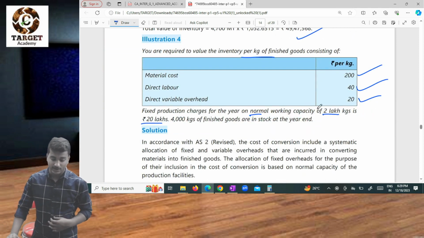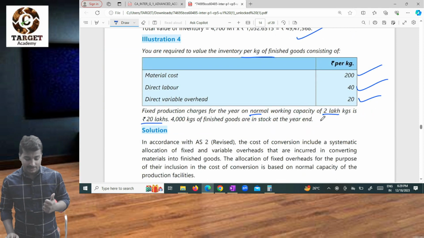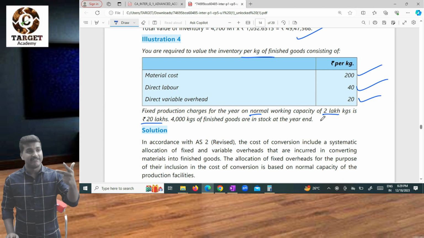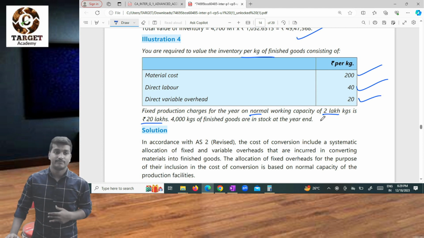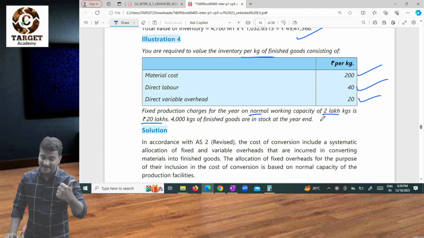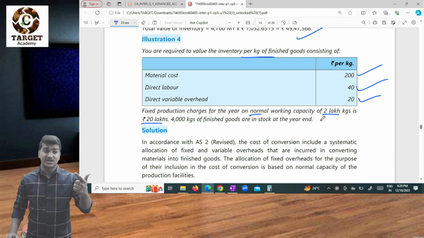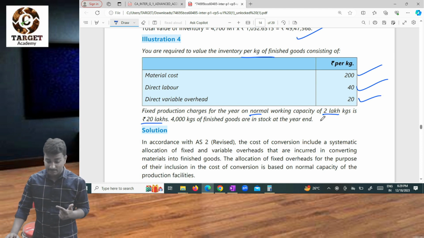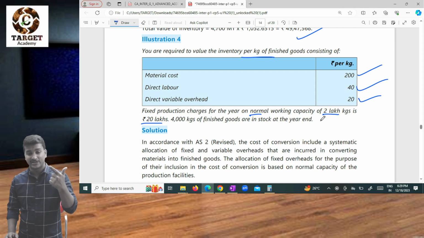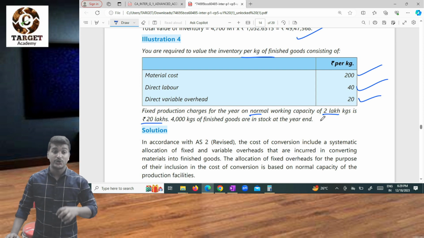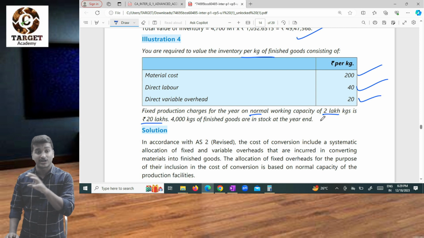Question number 4. He has given material, direct labor and variable overhead and fixed overhead. So material cost per unit is clearly available, labor cost per unit is available, and at the same time variable overhead per unit is available, but per unit fixed overhead is not available.